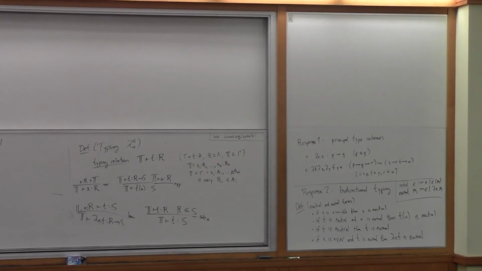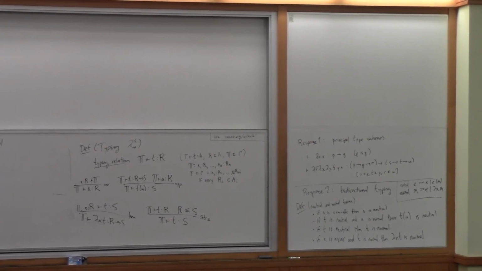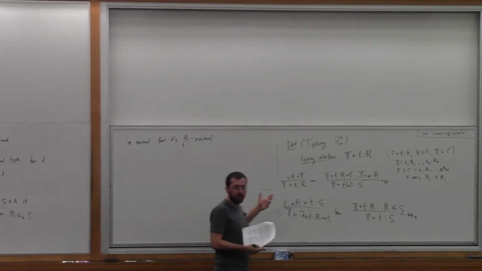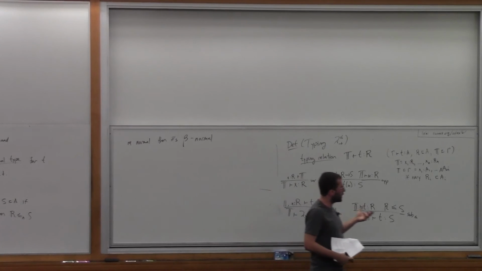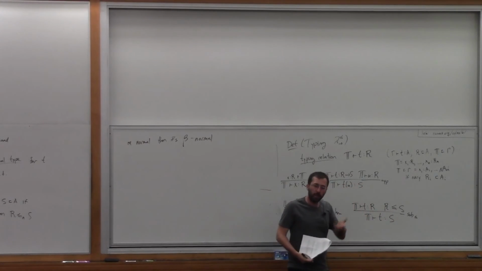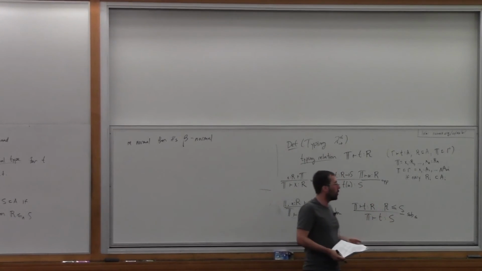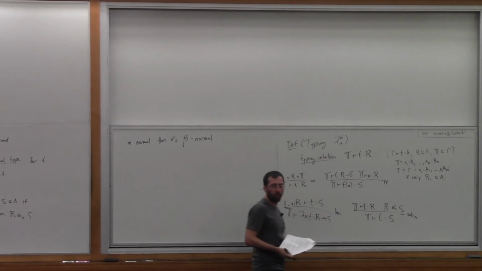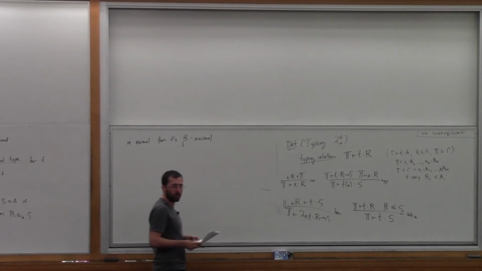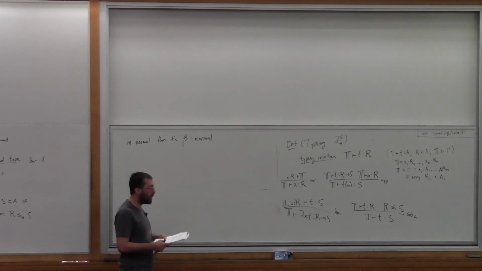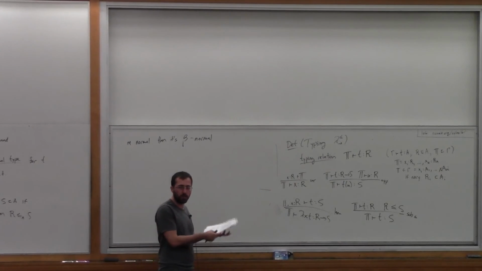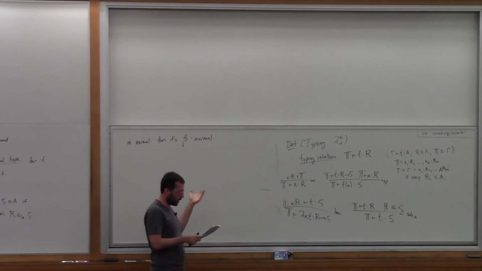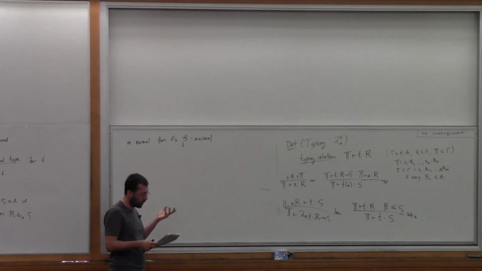But now the observation, which is cool, is that there's a simple procedure for looking at a normal term and checking whether it has a type, where we use the fact that we can infer principal types for all of the neutral subterms. We can get all of the neutral subterms, give them a principal type, and use that to check whether the term has a given type.